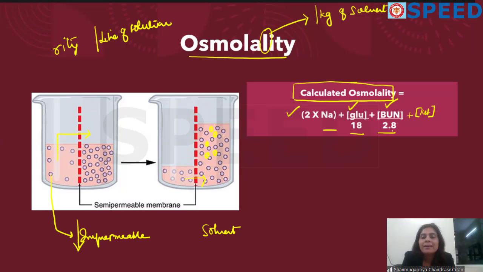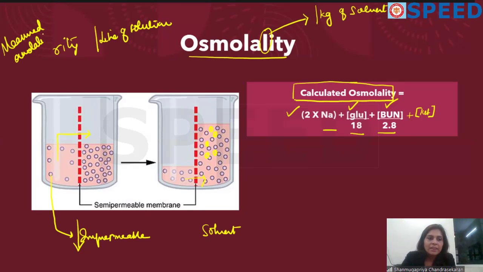For example, mannitol infusion. A person could have undergone mannitol infusion because of which osmolality could have increased, but if you're calculating, you are going to miss it. That is why, if you find a case of hyponatremia and you're trying to find a cause for which you want osmolality, please mention that you want measured osmolality.